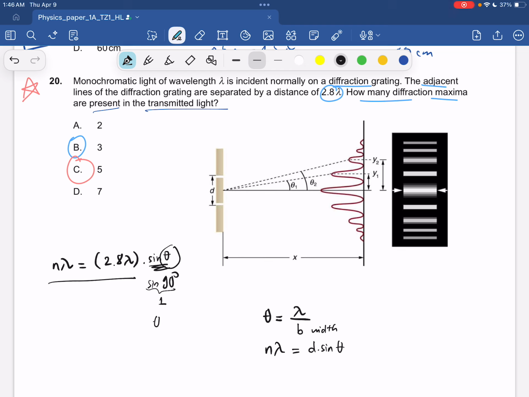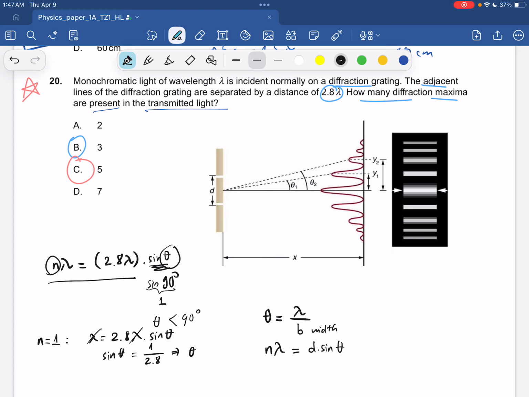So the angle should be somewhere less than 90, but then you can see what the possible values n can be. When n equals 1, then lambda equals 2.8 lambda times sine theta, right? Lambda cancels out.